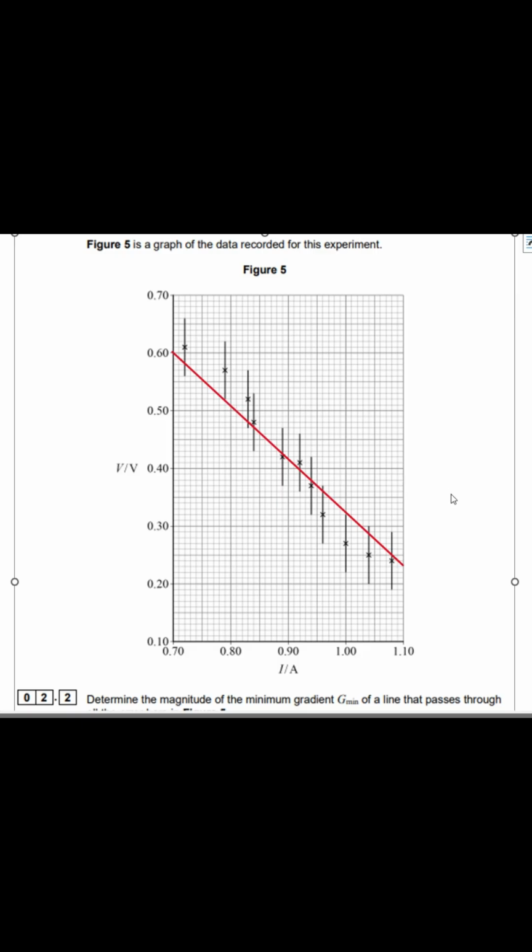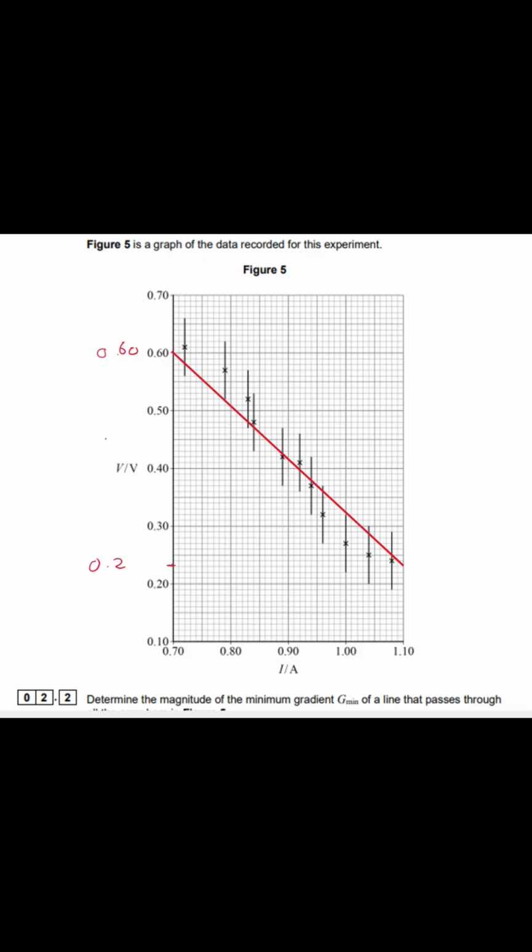Then we just got to work out the gradient of that line. So this is 0.60. This is 0.2. So that's 0.25. So that's 0.23. The whole thing is 0.4. Then just got to work out this difference here. So that's 0.6.